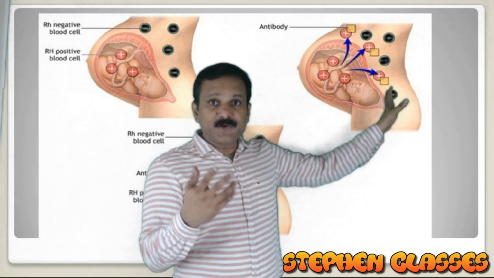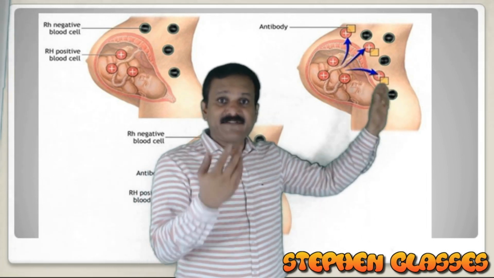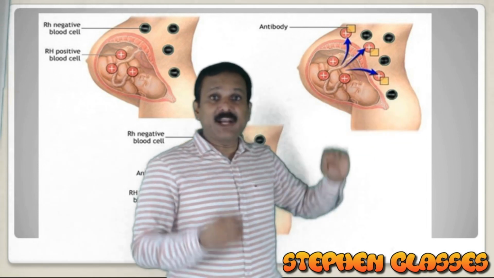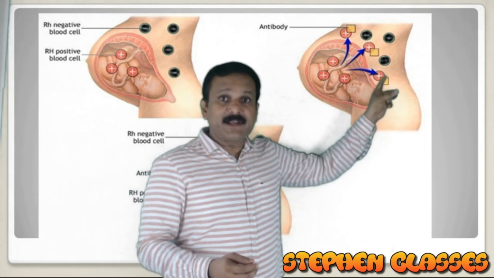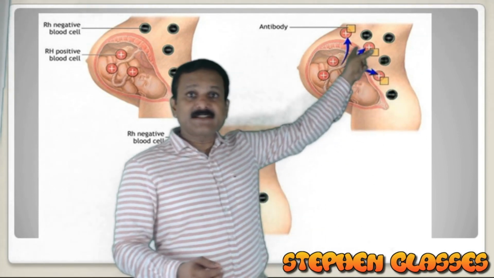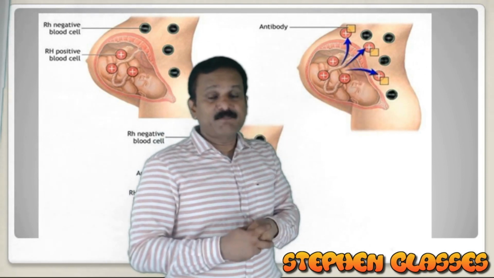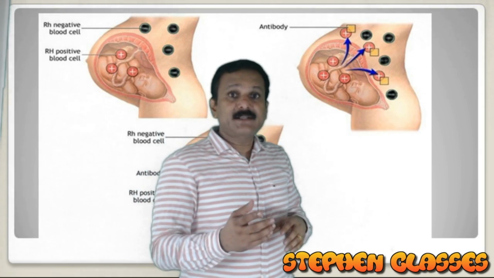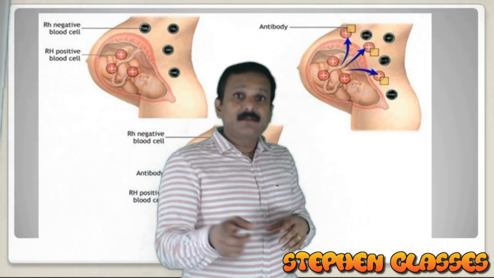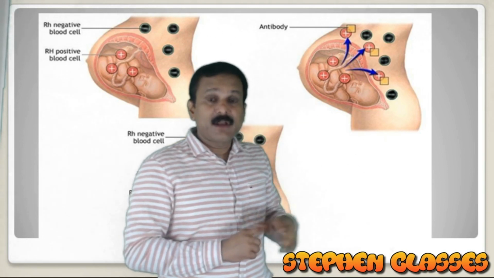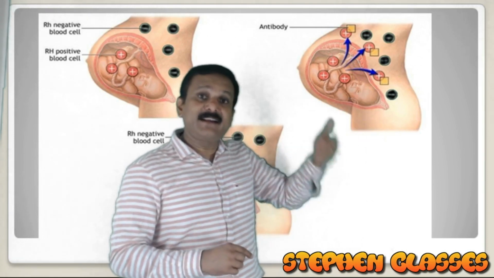Now the mother's immune system is activated, or sensitized, and it will begin to produce RH antibodies. In the yellow color you can see the antibodies are developed. These RH antibodies will attack the RBCs with RH antigen on the surface. But already the first fetus has been delivered.